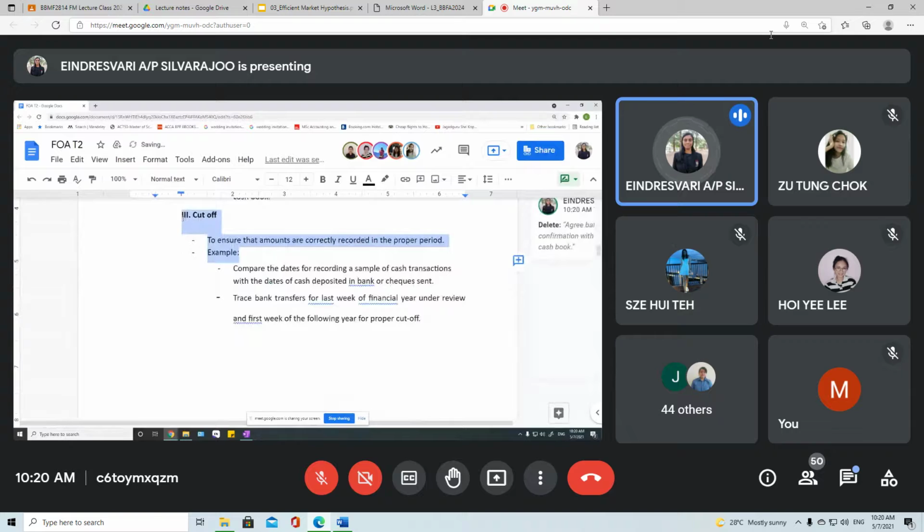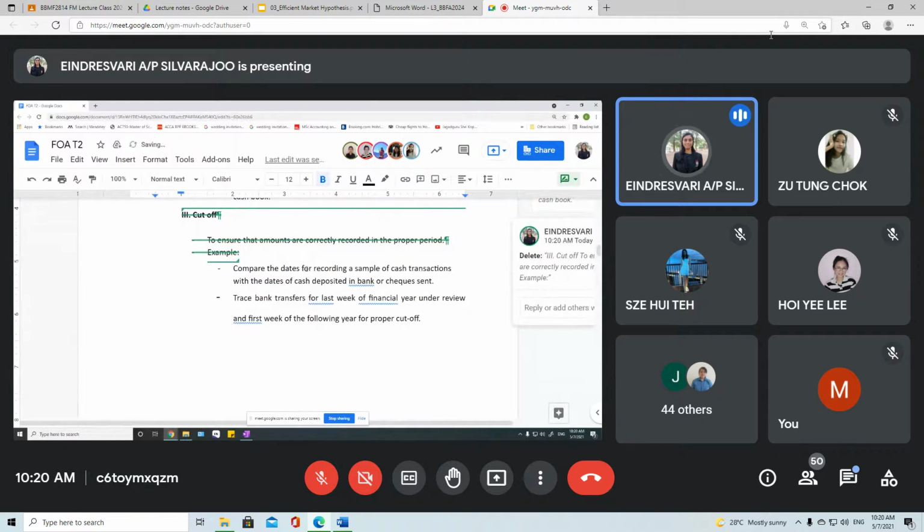Next, discard off all no need. Compare the dates of recording on sample of cash transactions with the dates on cash deposited in bank and check sent. Okay, what is the accounting record and what is the source document here?